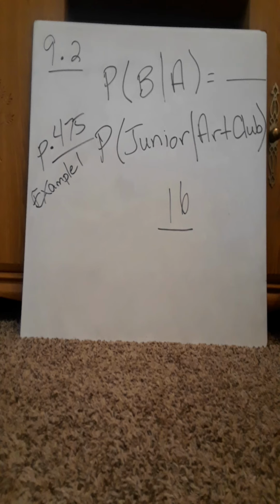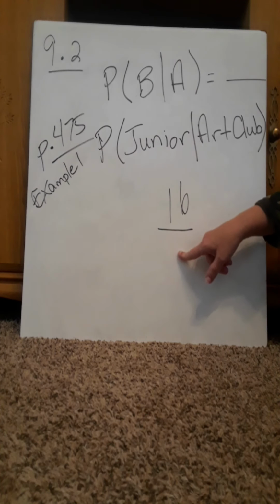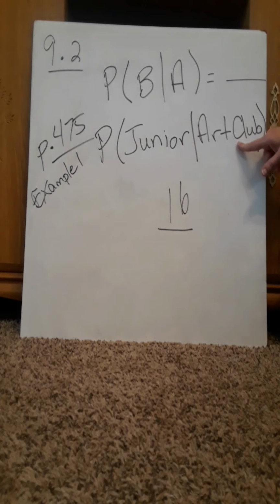Now, what goes on the bottom, remember, go back to your notes. Most important line is the last line of your notes, which tells you that the number on the bottom is how many things in your condition. Well, your condition is that you're picking kids from the art club. So what's going to go on the bottom here is the total number of kids in the art club. Okay, so go find your art club column and add up all of the kids in the art club.